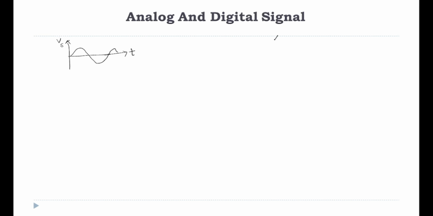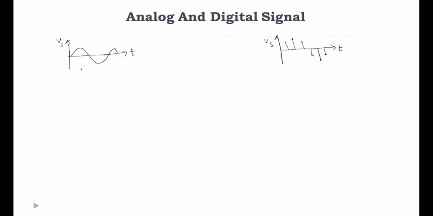And a digital signal is represented as a sequence of numbers, where each number represents the signal's value at an instant of time. These signals can be represented in the form of predefined functions like sine wave or cosine wave.